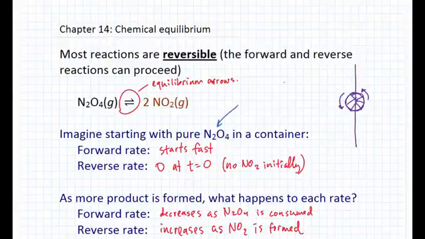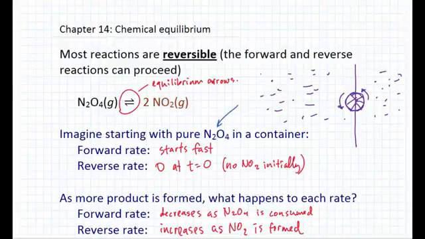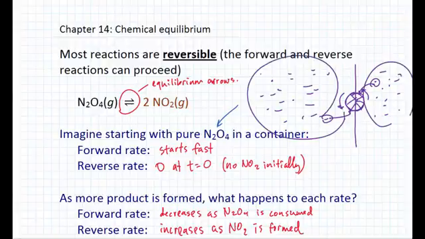You could have a whole lot of people in this room, and fewer people in this room, but you could still imagine those amounts staying the same if for every one person that went in that way, one person also went in that way. So if people were paired up so that one person entered that revolving door from each side, the concentrations or the amounts on each side would remain constant, but they don't have to be the same in order for that to happen.